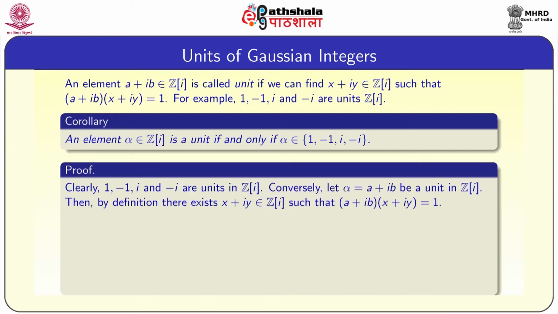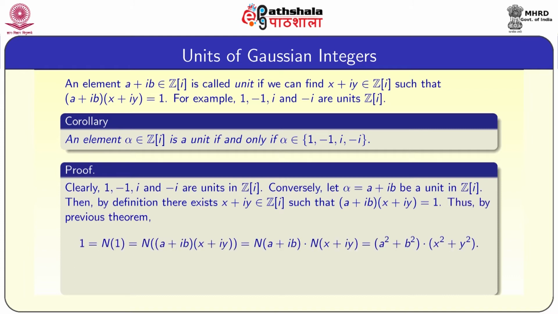Clearly 1, minus 1, i and minus i are units in Z of i. Conversely, let alpha equal to a plus ib be a unit in Z of i. Then by definition there exists x plus iy belonging to Z of i such that (a plus ib) into (x plus iy) is equal to 1. So, norm of 1 is equal to 1.